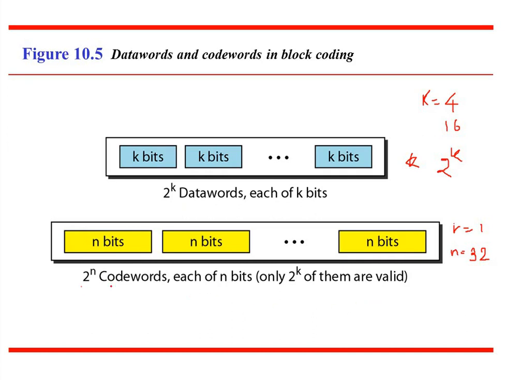So 2 raised to n code words will be generated, out of which only 2 raised to k are valid. That means out of 32, only 16 are valid code words. So this is how I can generate the code word. But with a redundant bit of 1, there are certain advantages and certain disadvantages. Let us see how it happens.